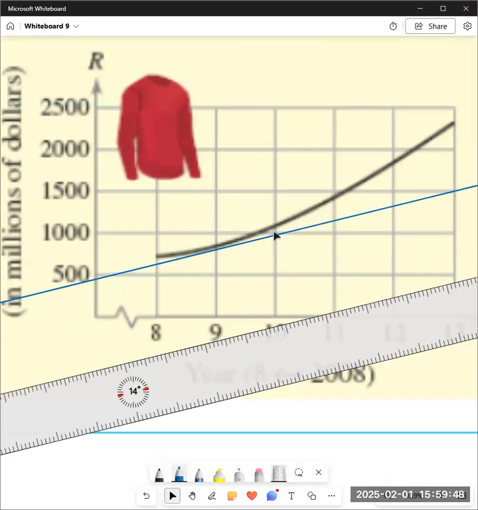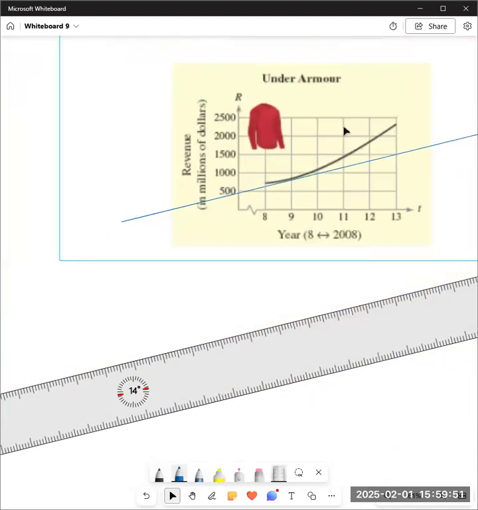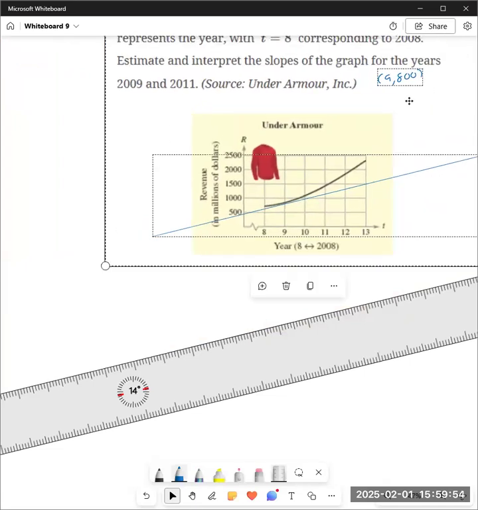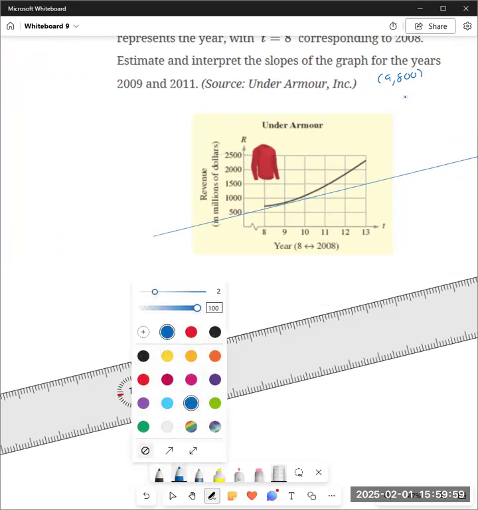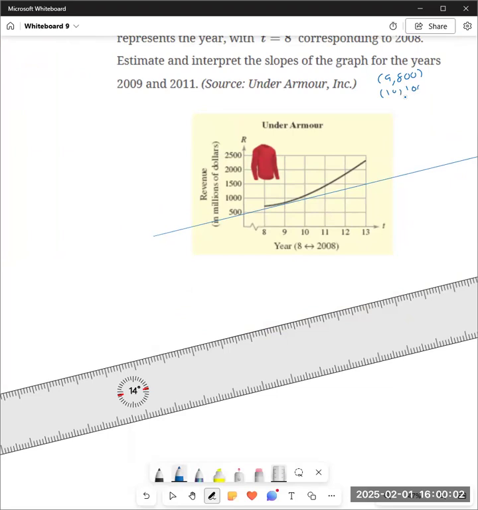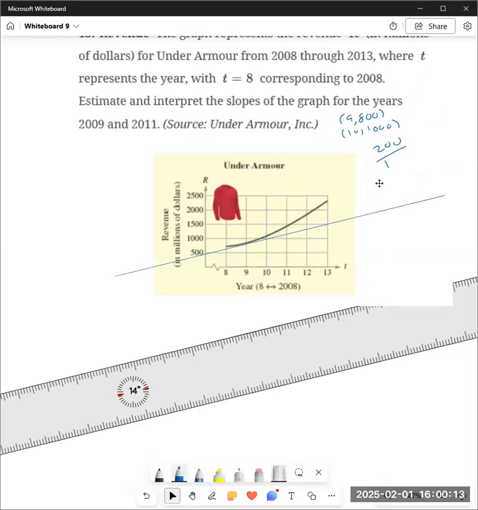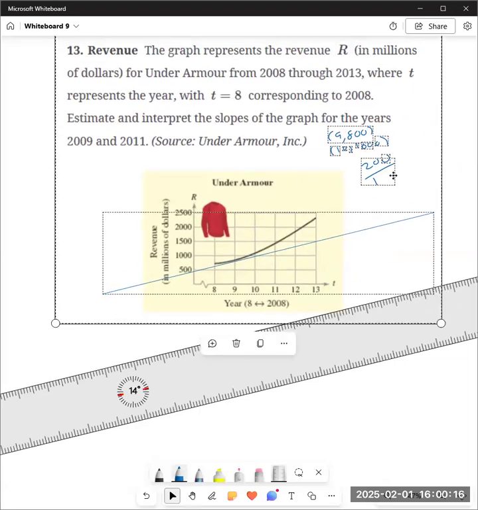I'm not touching the line there. So I think this probably goes through 10, 1000. So let me just guess that that happens. So 10 and then 1000. So that's going to be 200 over 1, but that 1 is 1 year, and this 200 is really 200 million. So don't forget that. And I'm pretty close, and it's really hard.